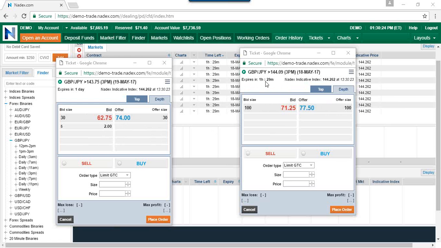So there's a part of me that says, hey, I feel pretty good that the market's going to stay where I need it to be for the next hour and 29 minutes. I don't know what's going to happen in more than 24 hours, right? So I've got kind of time on my side here to be right within an hour and 29 minutes, because I don't know what's going to happen in 24 hours, right? So that's the one upside, as it were, right? Same risk and reward, I only have to be right for an hour and 20 minutes.